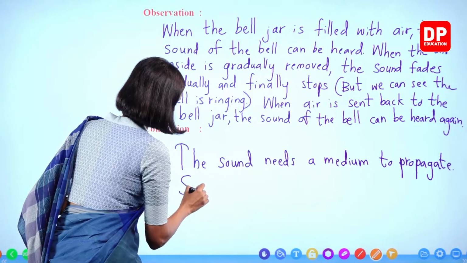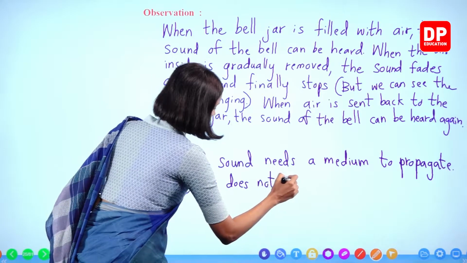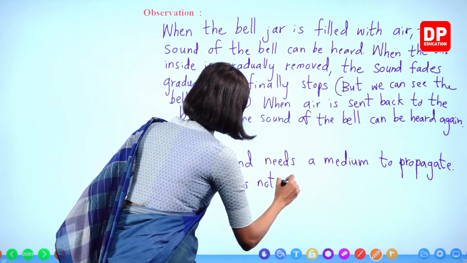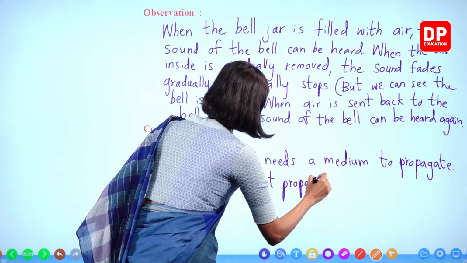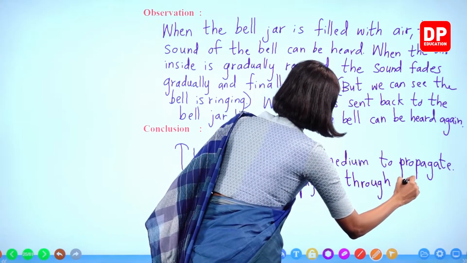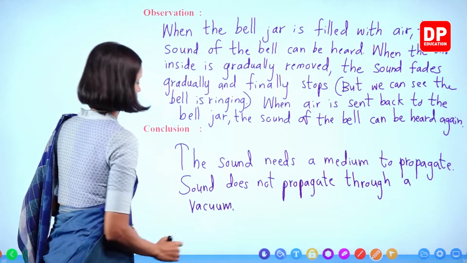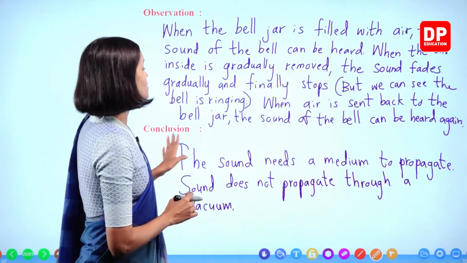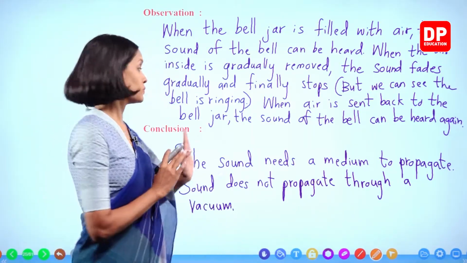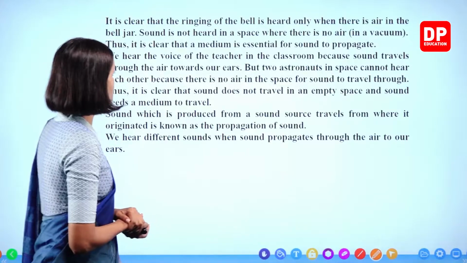And sound does not propagate through a vacuum. Right? The sound needs a medium to propagate and the sound does not propagate through a vacuum. Okay? Right. So here the same thing is given.